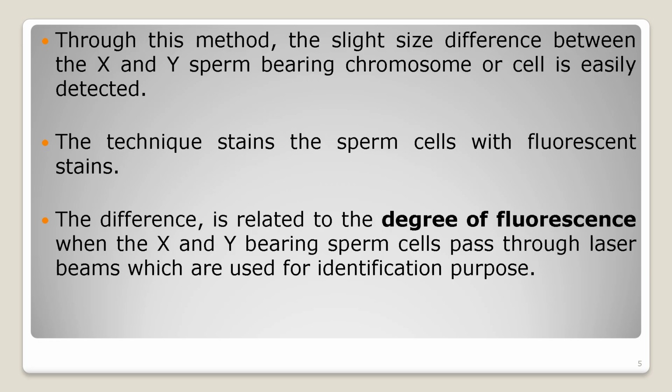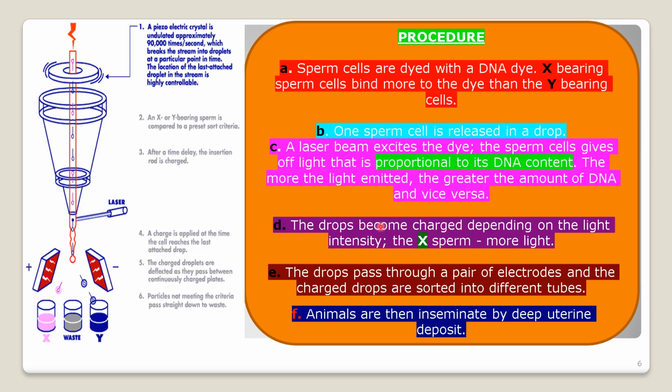The technique stains the sperm cells with fluorescent stains. The difference is related to the degree of fluorescence, and the X and Y bearing sperm cells pass through laser beams, which are used for identification purposes. So this is the process of flow cytometry, used in separating X and Y bearing sperm cells.